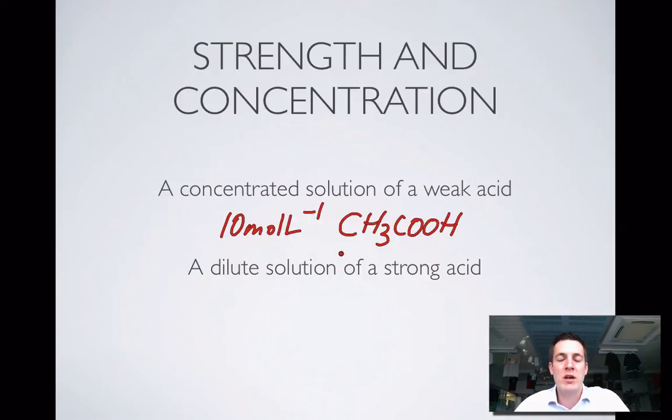Now you might be wondering how concentrated you have to be to be concentrated. Well, that's quite arbitrary, and there's certainly no cut-off point. But if I took a more dilute solution of ethanoic acid, it would have a lower concentration than this one, but it would still be just as weak, because ethanoic acid is weak.